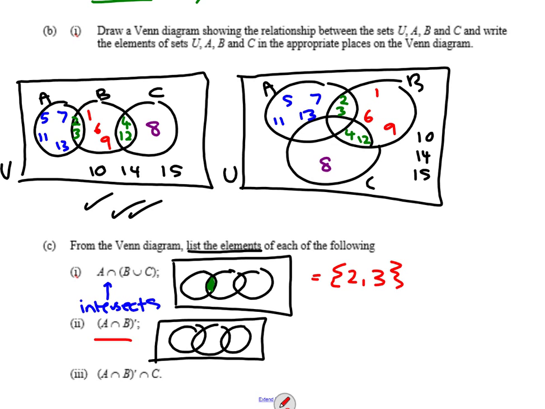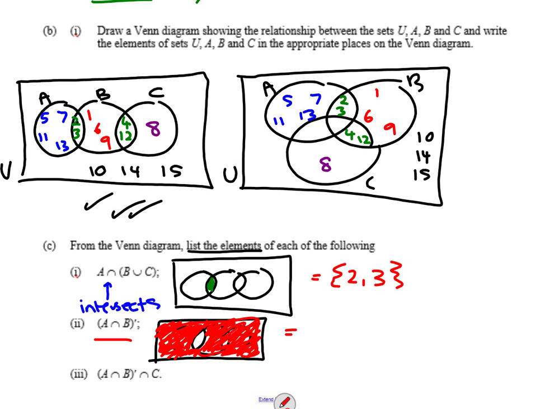So I'm going to undo that. And we need to shade everything on the outside of the intersect there. So it takes a while to shade because there's a big area. I'm just doing it very roughly. I'm sure yours will look better, but this isn't a question anyway, so I don't need to be that specific. All they want us to do is list the elements.